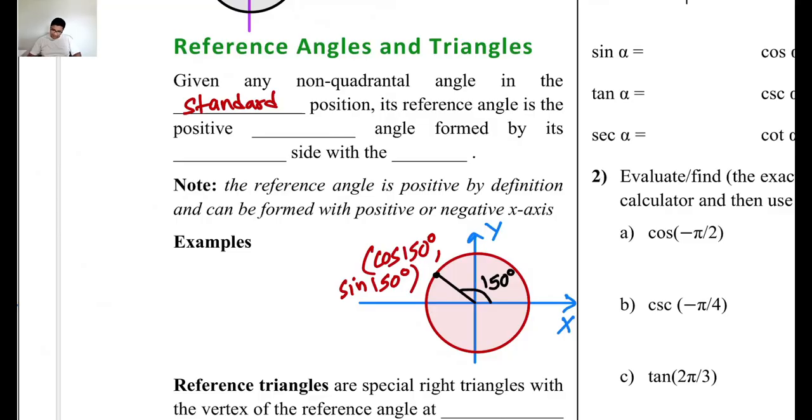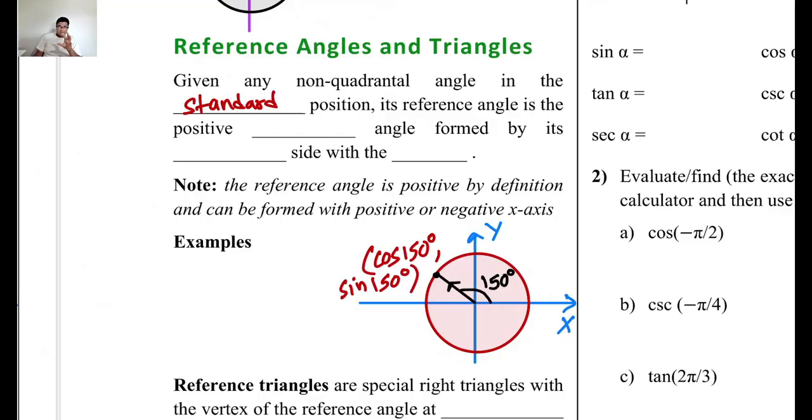Okay. And what I mean by standard position is you are not talking about this angle. You are not talking about the clockwise angle, or about this angle, like from the y-axis. We are talking about the angle from the positive x-axis, the standard position.